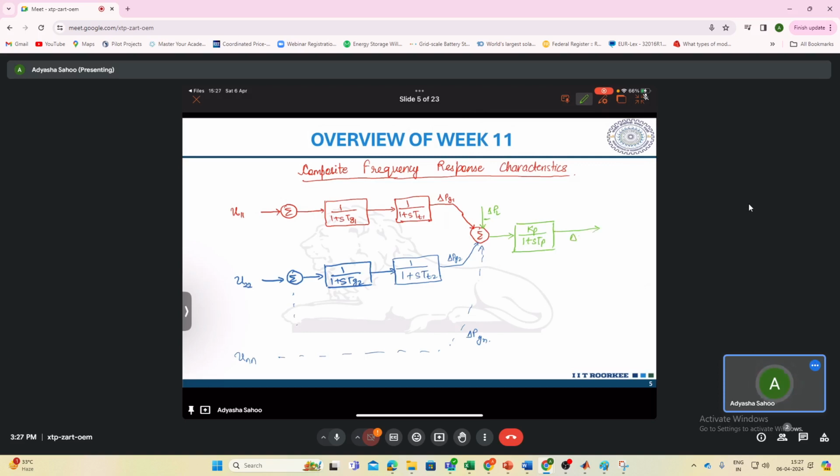That will give you your delta F, and each will have their feedback, that is 1 by R1, 1 by R1 negative, similarly here also 1 by R2, and here also you'll get 1 by Rn similarly.